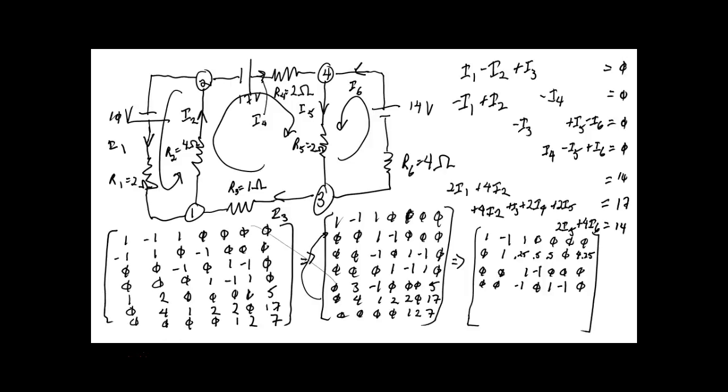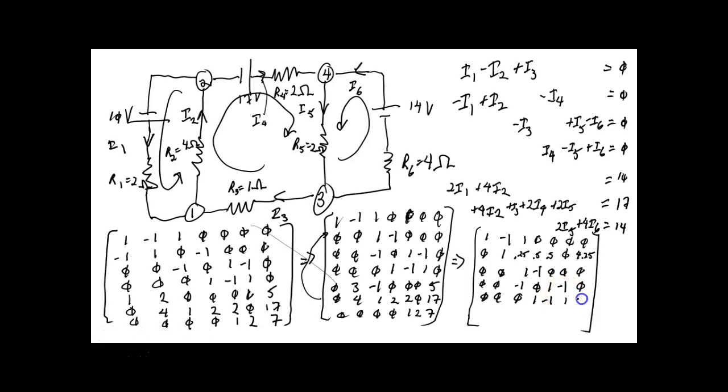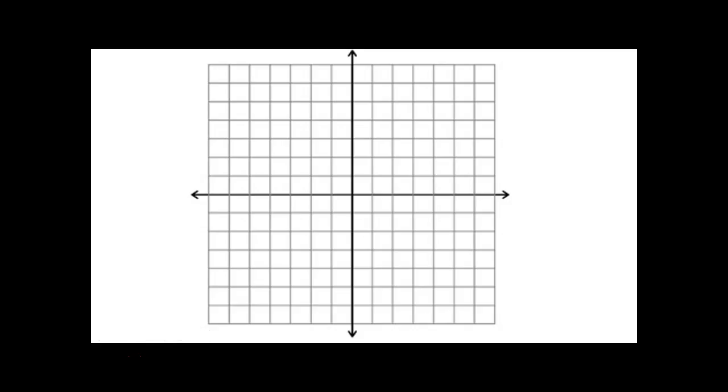And then the next one would be a 0, 0, 0, 1, minus 1, 1, 0.